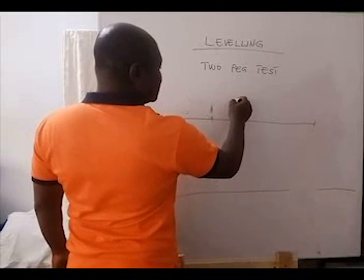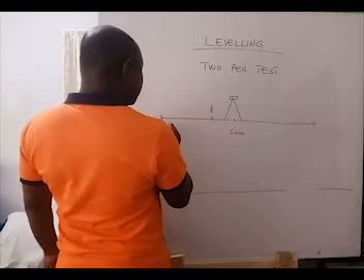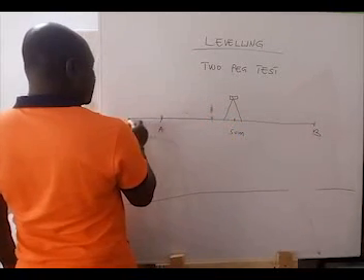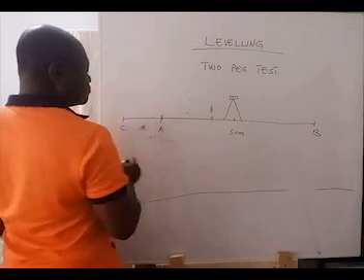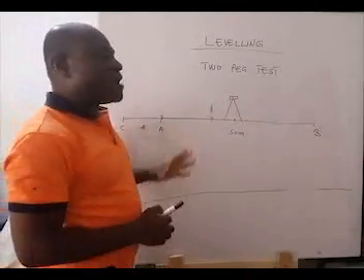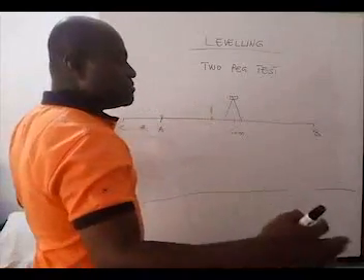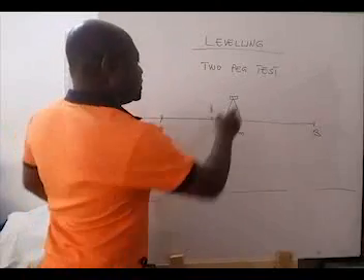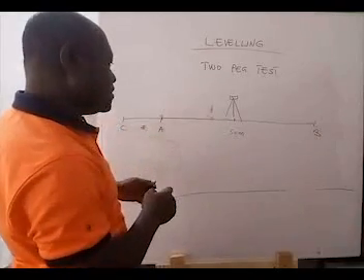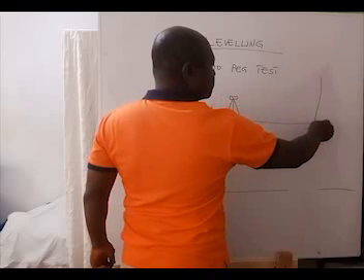Then we set the instrument here at the center. I'm going to name this A, B, and I'm going to name another point here as C. So for a 2-peg test, when you have selected these 2 points, A and B, which are 50 meters apart, you set the level in the center, that's 25 meters from A. Then you put the reading staff here and take the staff reading.